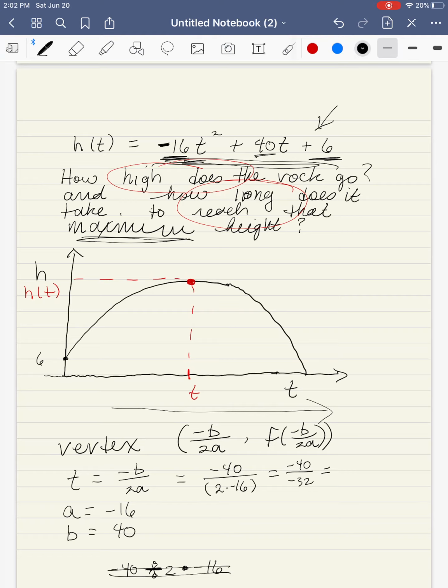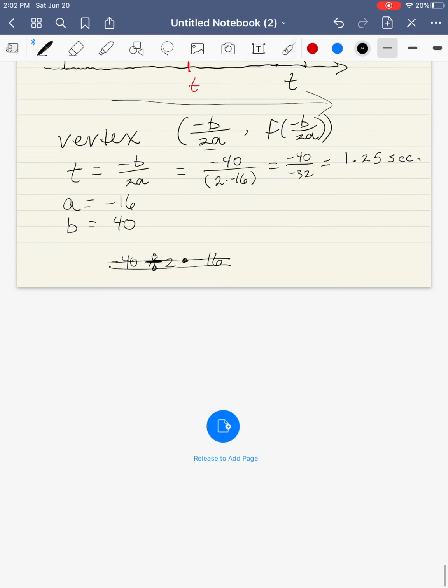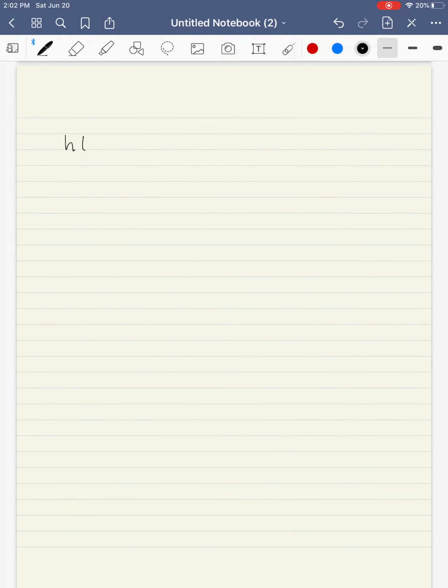But I'm just going to go ahead and mentally do that part. And using my calculator, 40 divided by 32 is 1.25, so 1 1/4 seconds. And I know that it's seconds because this is the independent variable, the t, and the units on that are seconds. Then to find how high it actually goes, that highest height, I'm going to find h of 1.25.